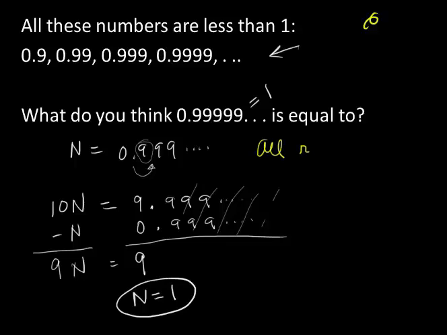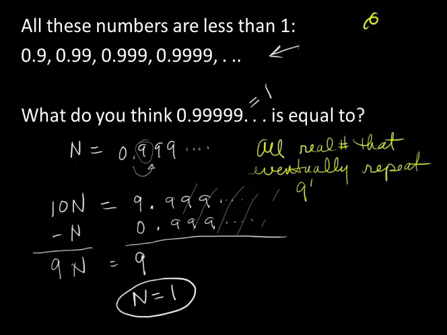All real numbers that eventually repeat nines have two decimal forms, two ways of writing them.